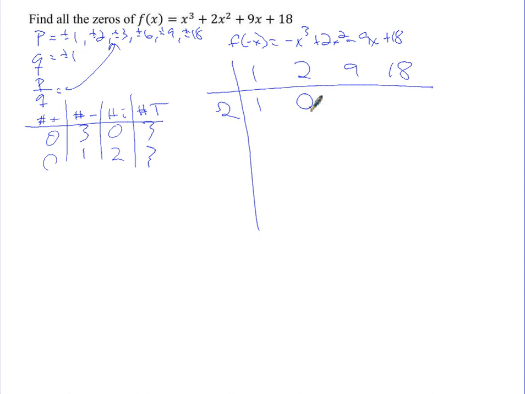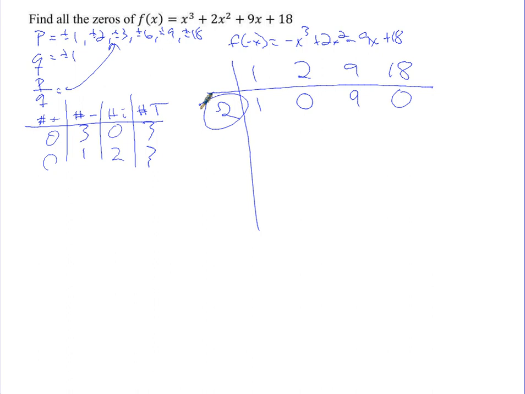Plus 2 is 0. 0 times -2 is 0. Plus 9 is 9. 9 times -2 is -18, plus 18 is 0. So -2 did work. -2 is one of the roots.